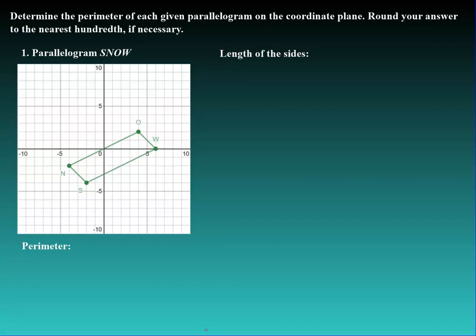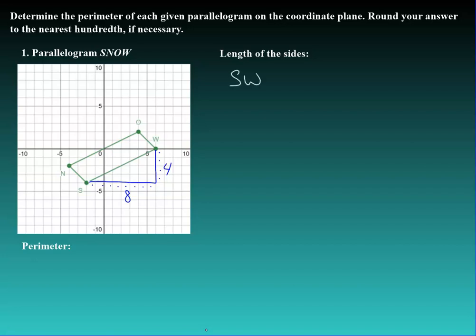And so we're going to go ahead and find SW, not NW. We'll find SW, so we're going to count 1, 2, 3, 4, 5, 6, 7, 8, and go up 1, 2, 3, 4. And so we can find the length of this side by using that distance formula we've been working with.